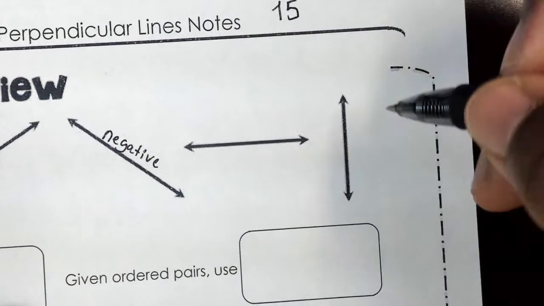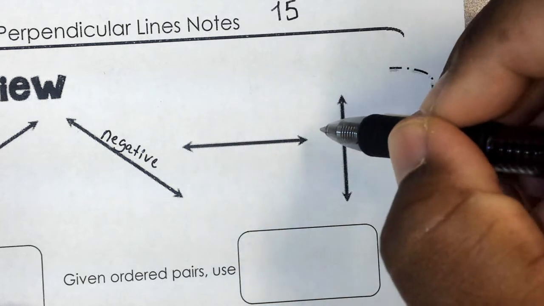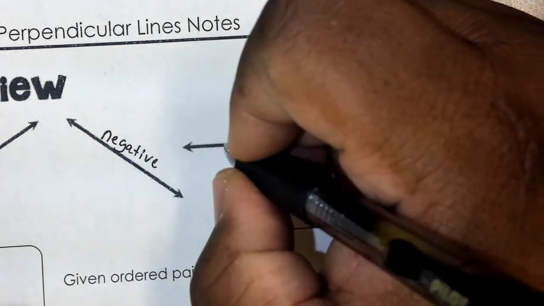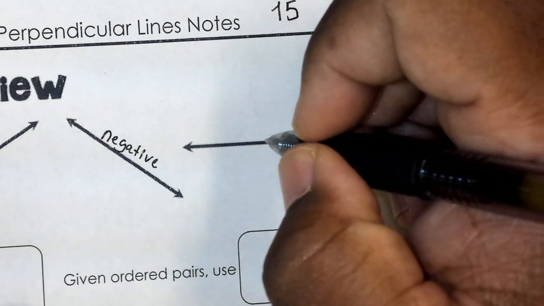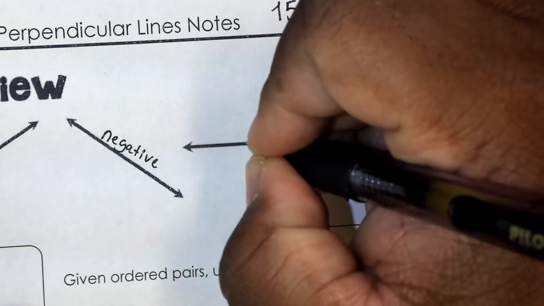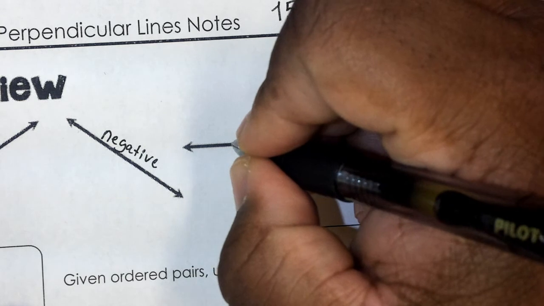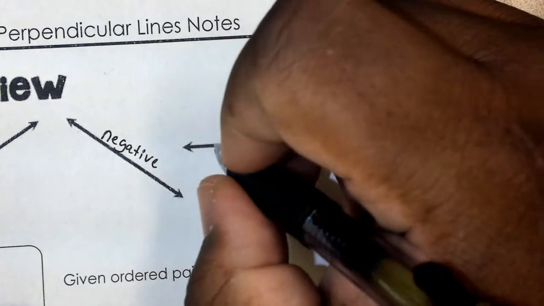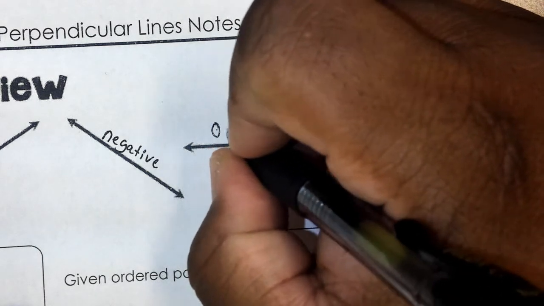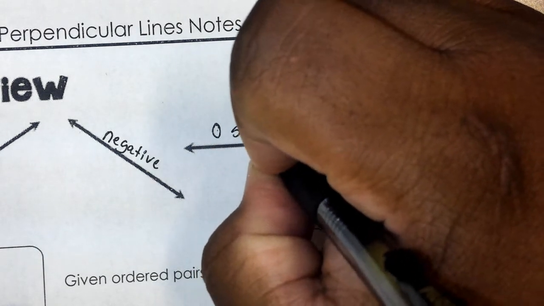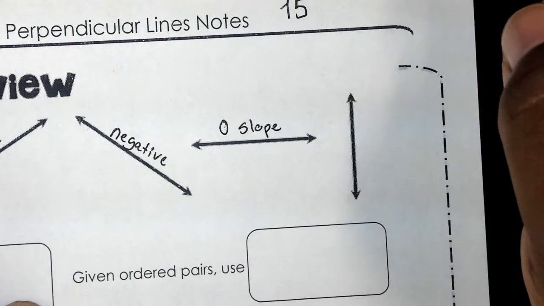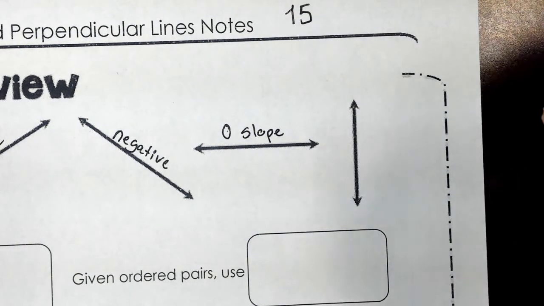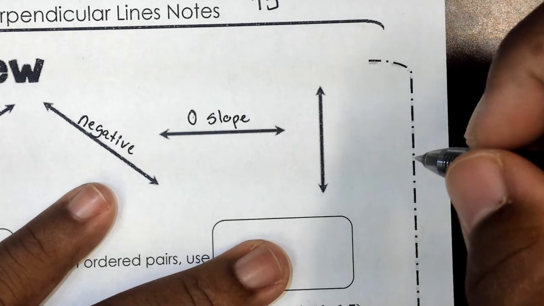Oh, this next line is completely horizontal. Line is horizontal, that means you basically have no change in your y values. Your x values change, but your y's don't. This is zero slope. This next line is completely vertical.